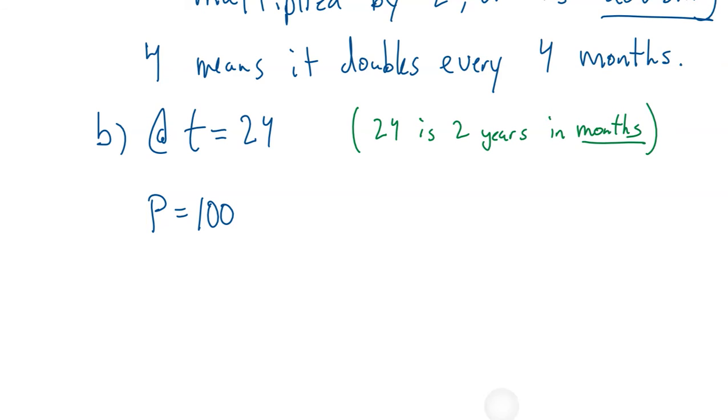So again, we're given the equation, so I'm just writing it down. 2, but t is 24 divided by 4. And we're just punching this into our calculator. Now, what is 24 divided by 4?